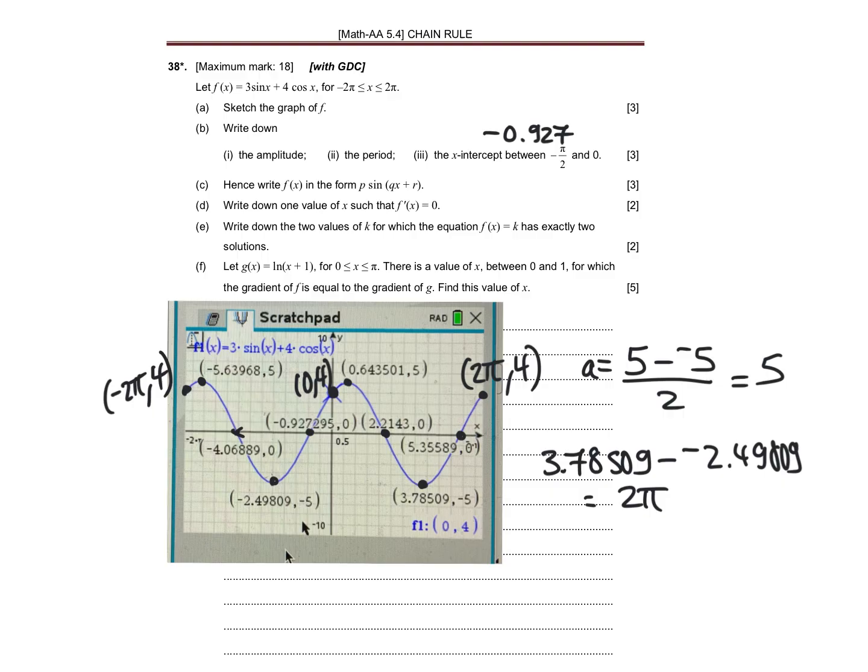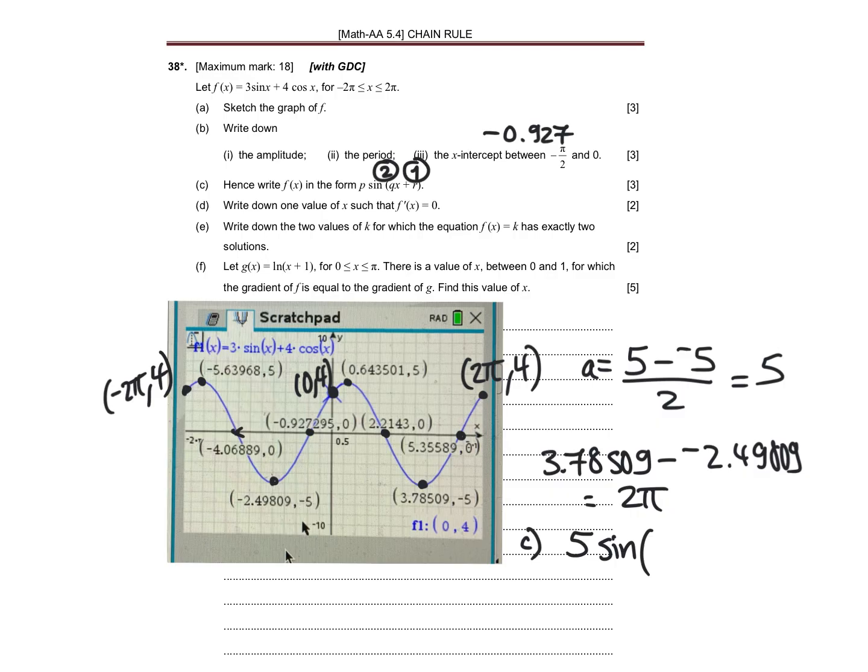All right, so if we want to write it in that form, so for C, we have the amplitude is 5 and sine, and then remember if it's this, you do this first and then this.